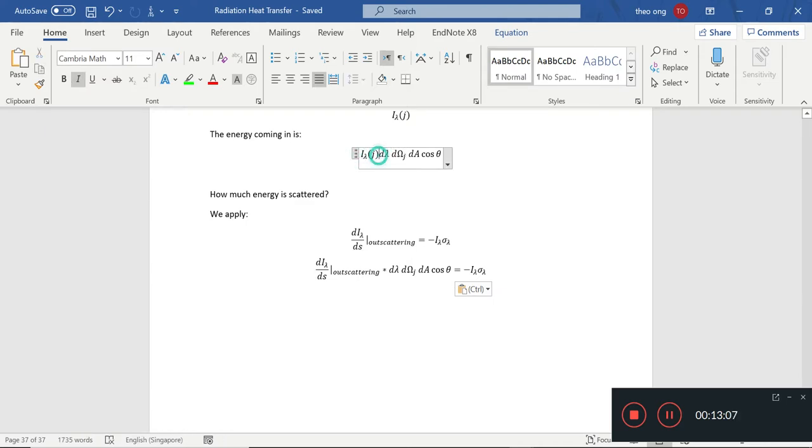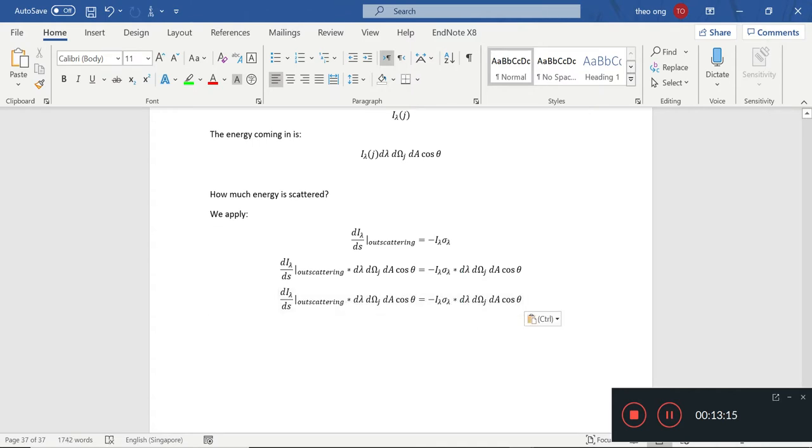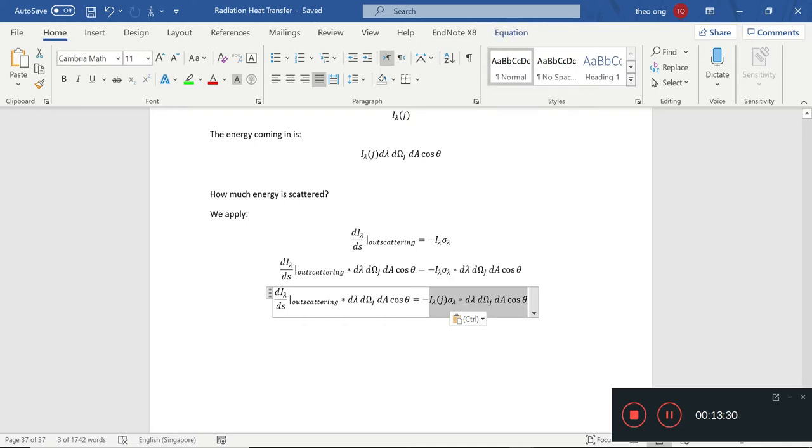So we are multiplying this throughout to both sides, just to make the units consistent. And then I'll just have this here. So actually this is the amount scattered.